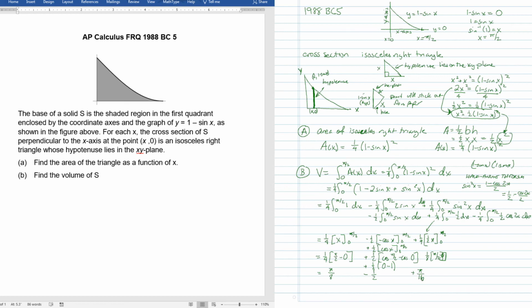The cosine of 2x, on the other hand, will require a little bit of u substitution. If I say u equals 2x, then du would equal 2 dx. And if I just want to do a simple dx substitution, it would be 1/2 du equals dx.